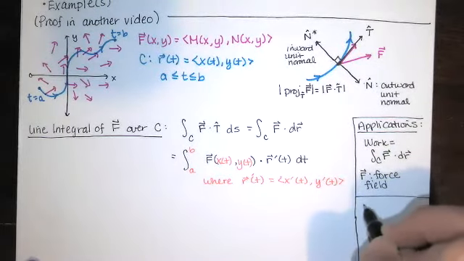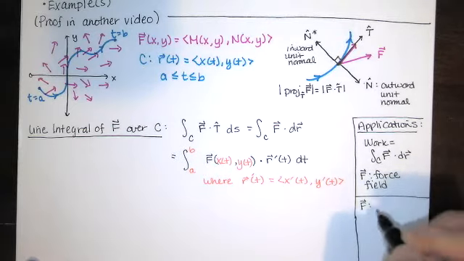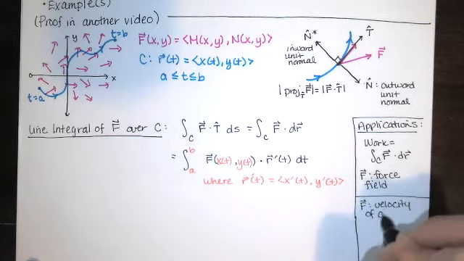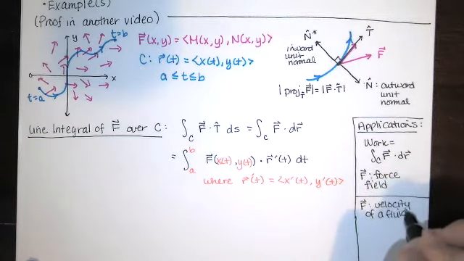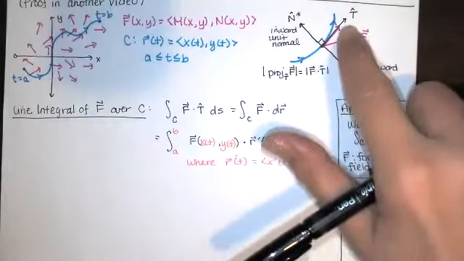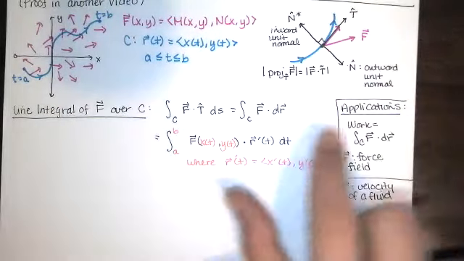This is the other thing. If F represents the velocity of a fluid, then we interpret it differently. Same vector, same projection, but we're interpreting this differently.